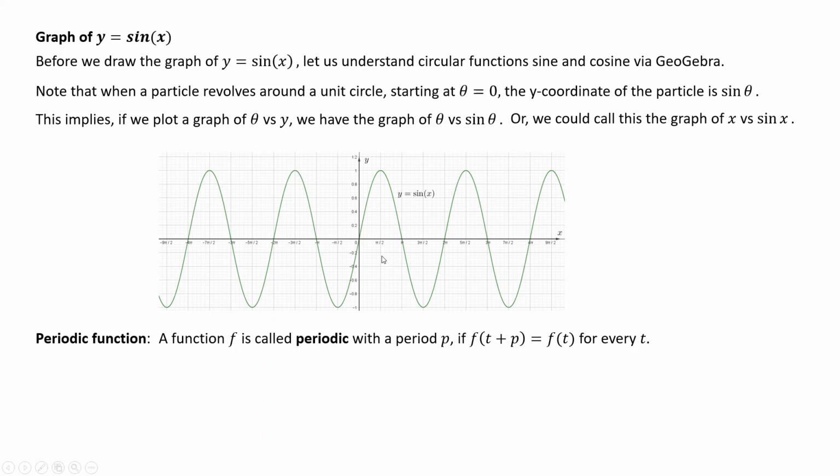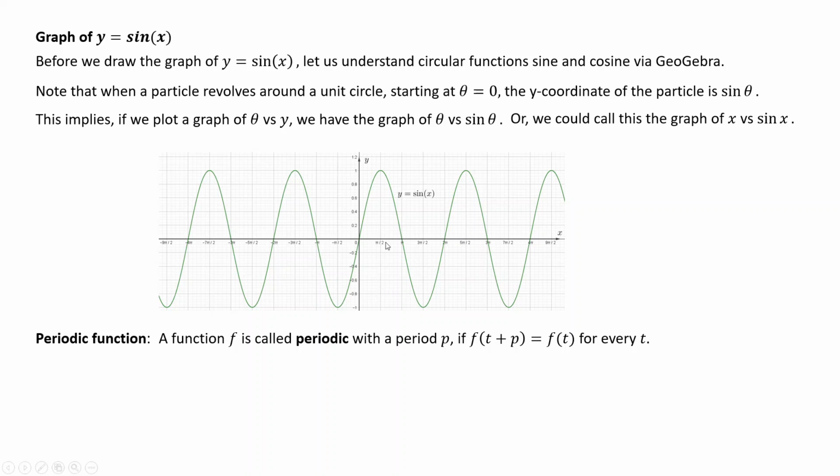So could we say that sine of pi half plus 2 pi is exactly the same as sine of pi half? Isn't that looking like f of t plus p equals f of t? Sine of pi half plus 2 pi equals sine of pi half.